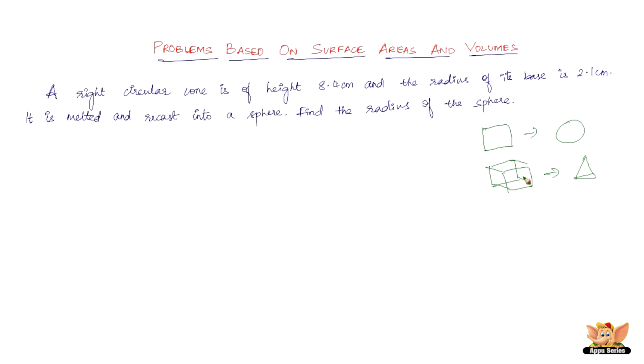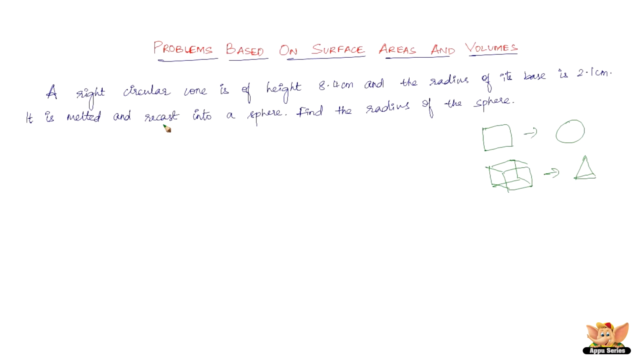The same quantity of material is used, so the volume is going to be exactly the same. All you have to do is equate the volumes, see the unknown thing, maybe height or radius or whatever that is, and then find it.